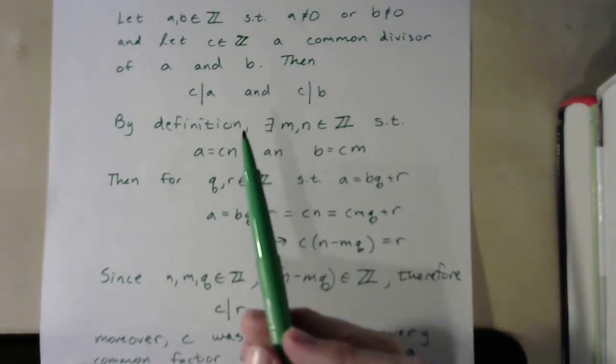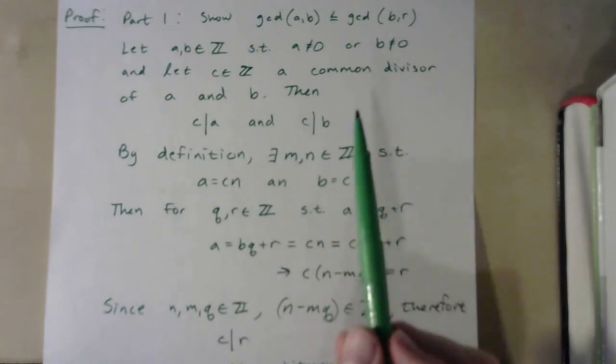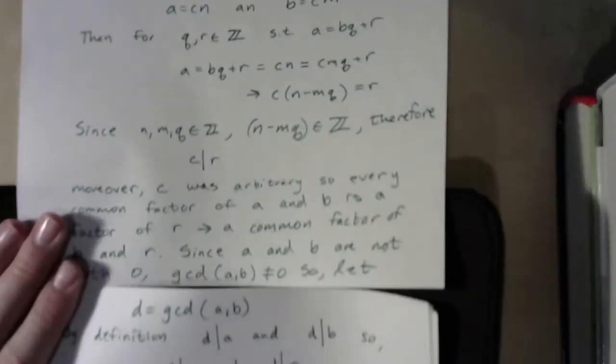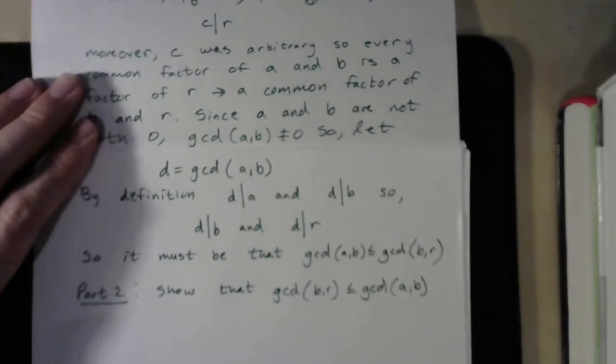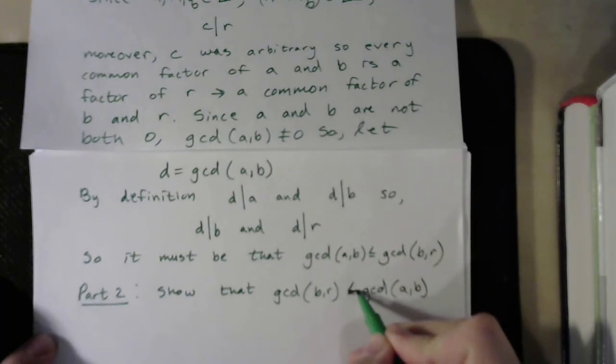You still have your A and B where at least one is non-zero. You still have your Q and R that makes A equal BQ plus R. And then we have to show this inequality, GCD of B and R less than or equal to the GCD of A and B.